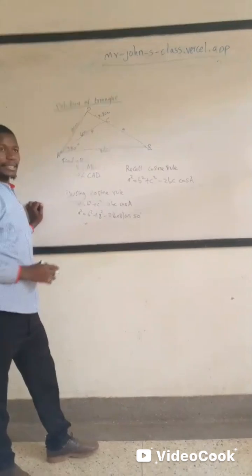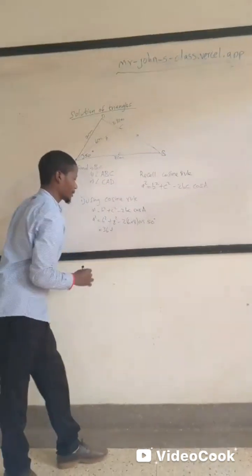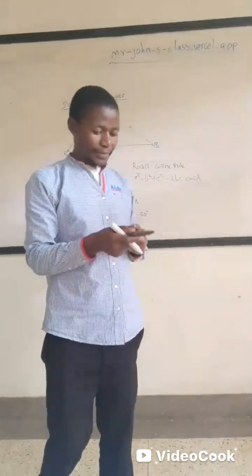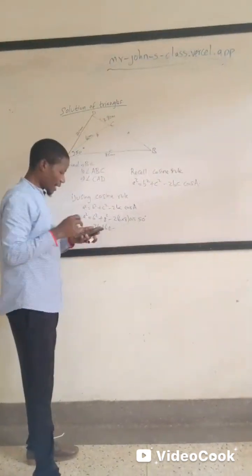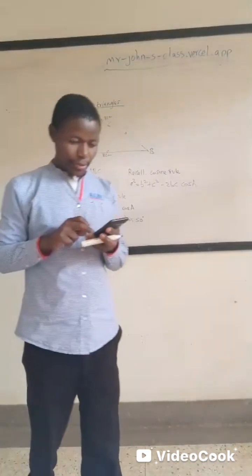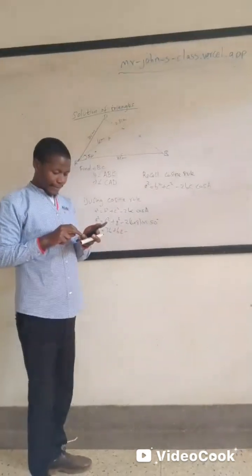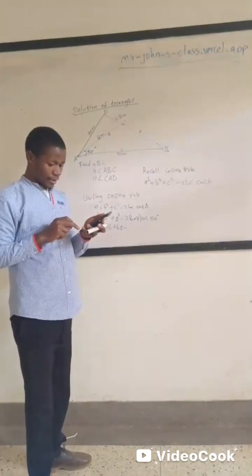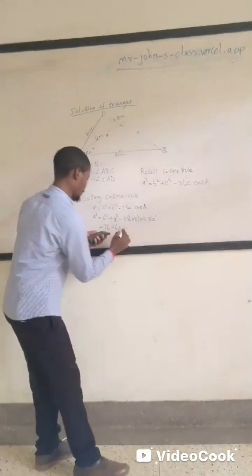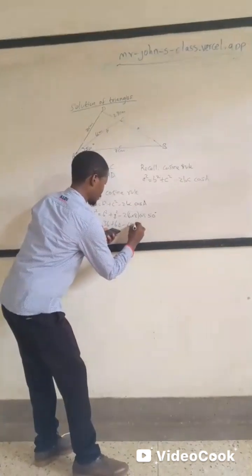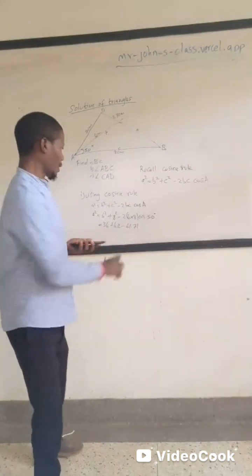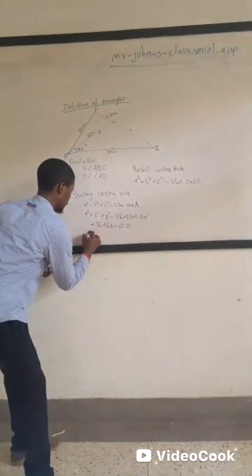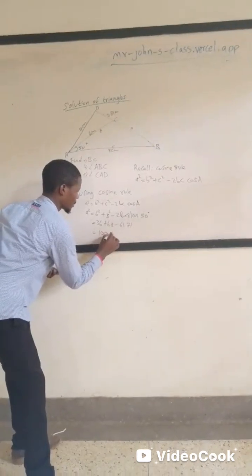This is the same as 6 squared is 36 plus 64 minus, we are going to use a calculator, 2 times 6 times 8 times cos 50, which is 61.71. So the whole of this is negative 61.71. So we have 100 minus 61.71.